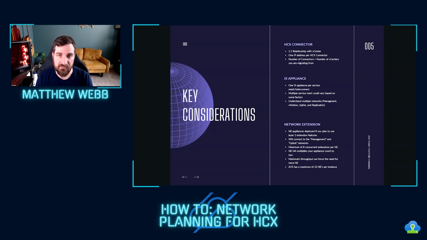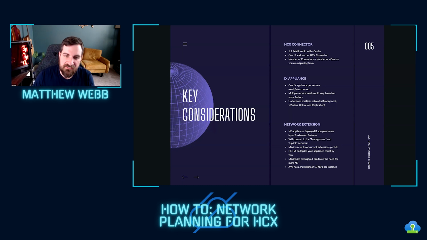The exception to that is if you're not moving VMs from those other vCenters. Maybe you have some vCenters that are old and going to be deprecated anyway on older hardware or whatever the case may be. But if you have VMs in the inventory of a vCenter you plan to move, you're going to install an HCX connector. There's only one IP address per vCenter, per HCX connector. So that's pretty simple, not complicated there. And so number of connectors equals number of vCenters you're migrating from.